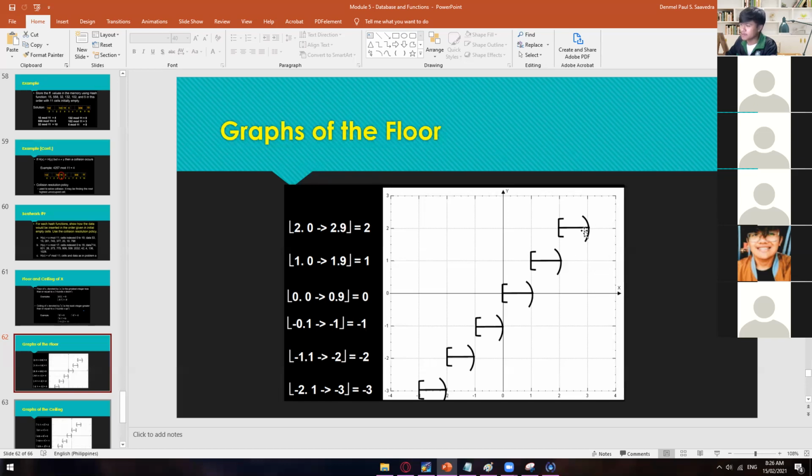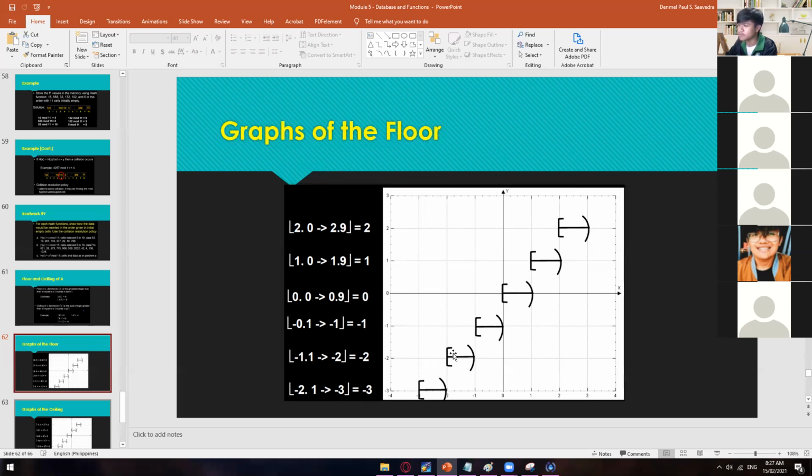So this is the graph representation. This is the positive 1, positive 2, and positive 3. So we have here 2.0 to 2.9. As you guys can see, this is the ground or the floor area, so it will fall on this one. The same with 1.0 to 1.9, it will fall on this one.